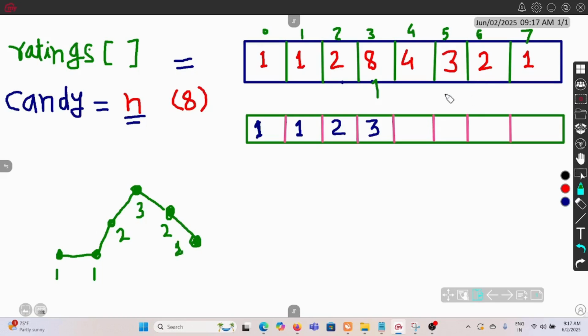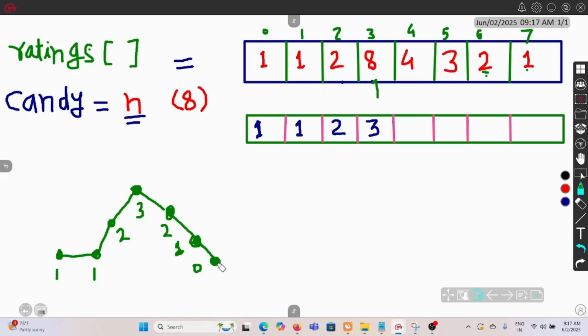Now if we are coming here, this also has a smaller rating, right? This guy has rating 2 and this guy has rating 1, so this one got 1, and it has to get a smaller value. If I put 0 here, then this is not allowed because we have to get at least 1.